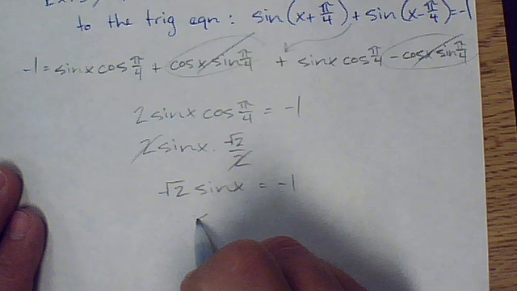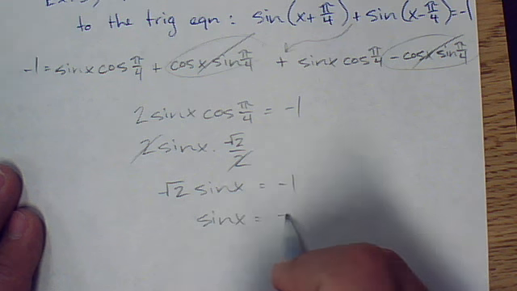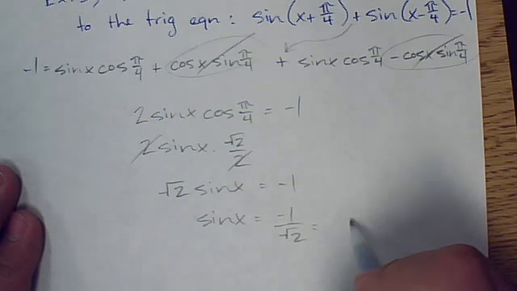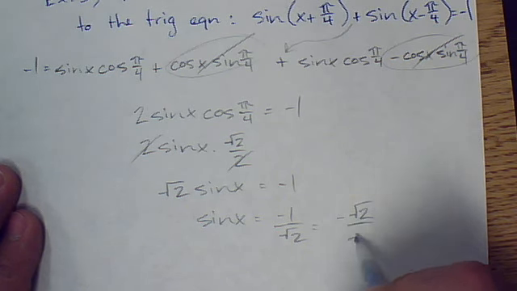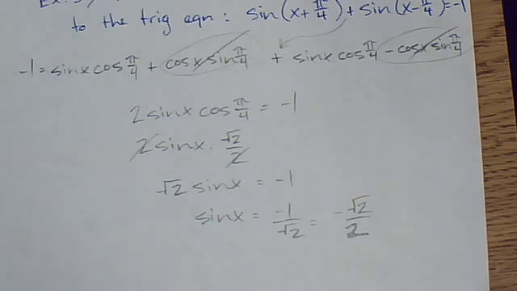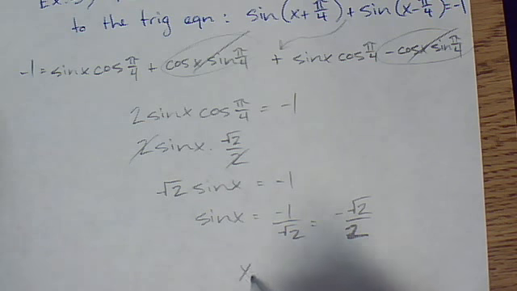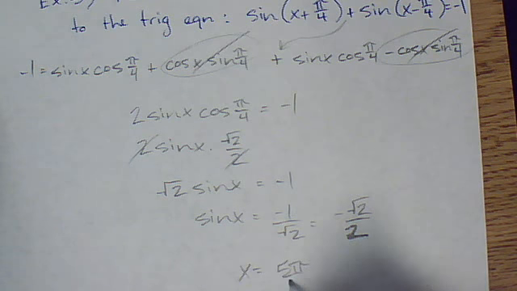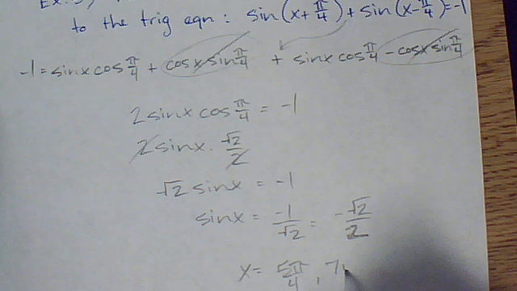Divide by the square root of 2, so we get sine x equals negative 1 over square root of 2. And then we can just rationalize that by multiplying the top and the bottom by square root of 2. So x is equal to, what would that be? 5 pi over 4 and 7 pi over 4.